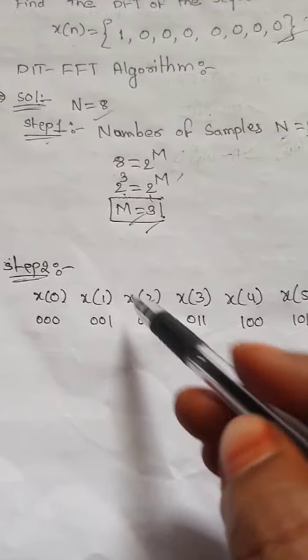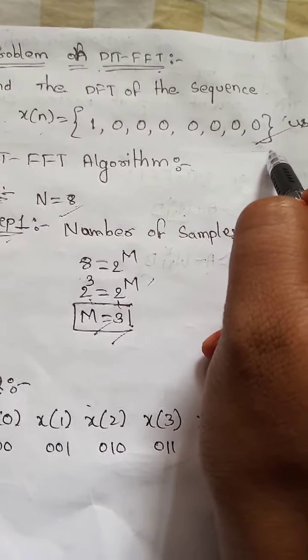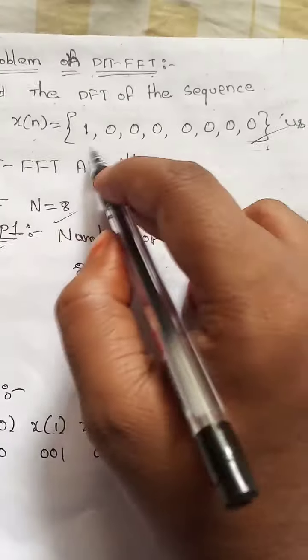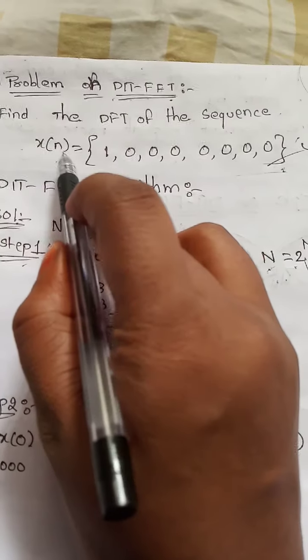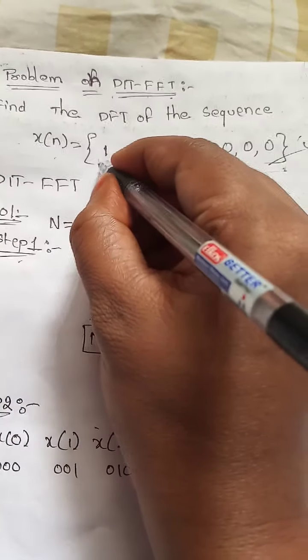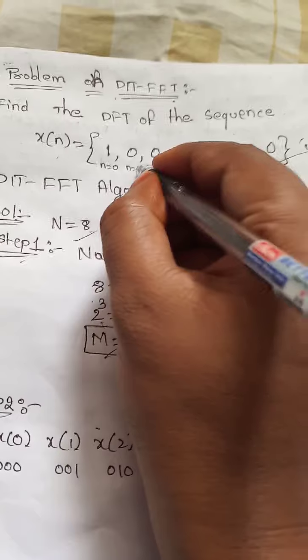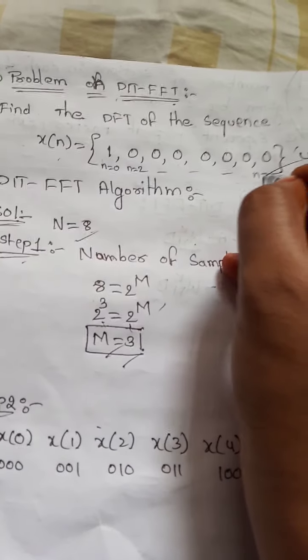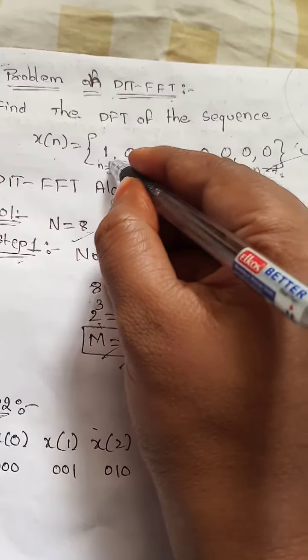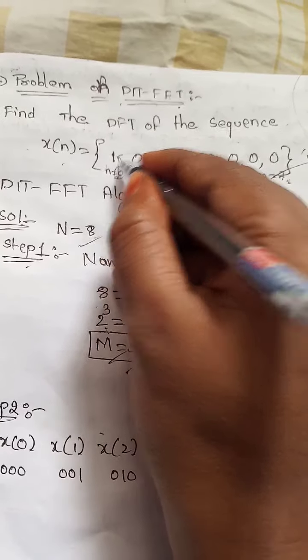Our next step: the given sequence is an 8 point sequence. In this 8 point sequence we represent x of 0 at n equal to 0, n equal to 1, n equal to 2 and so on, up to n equal to 7. At n equal to 0 our value is 1.